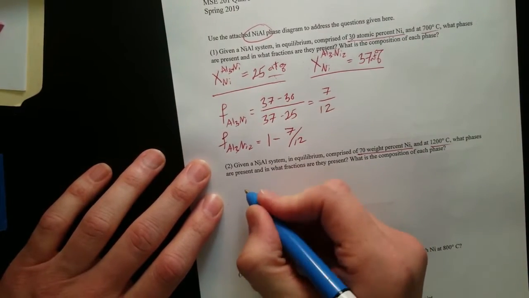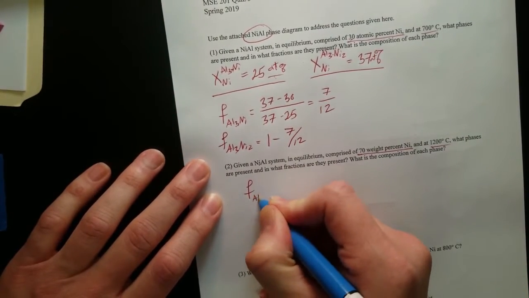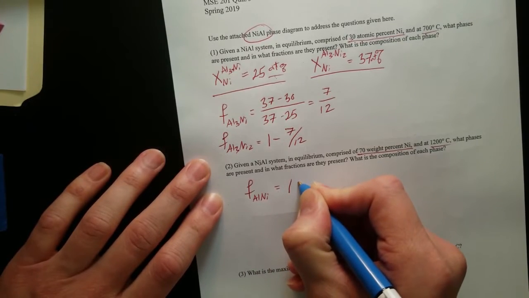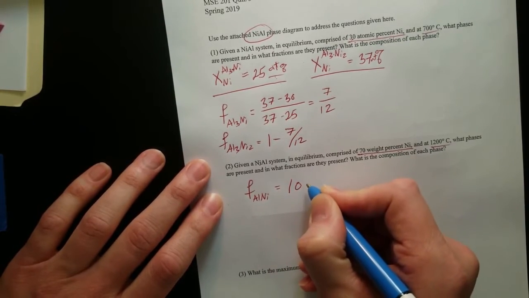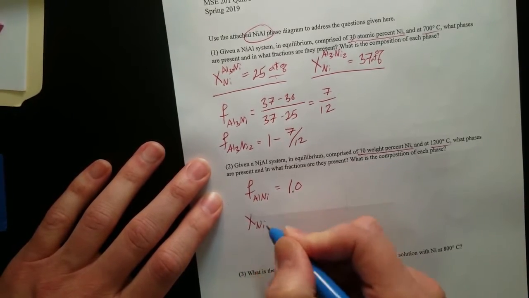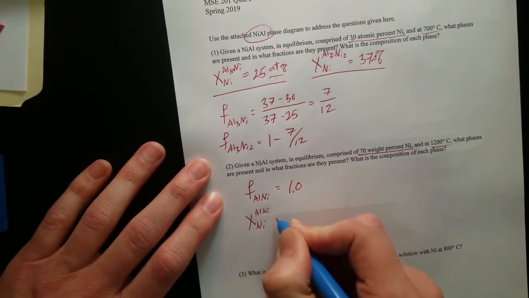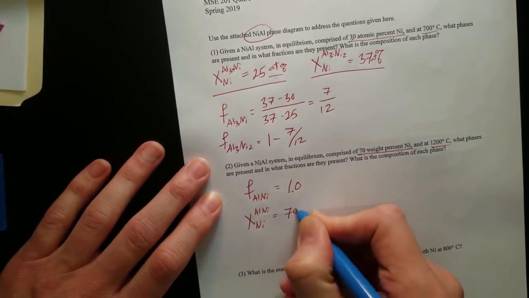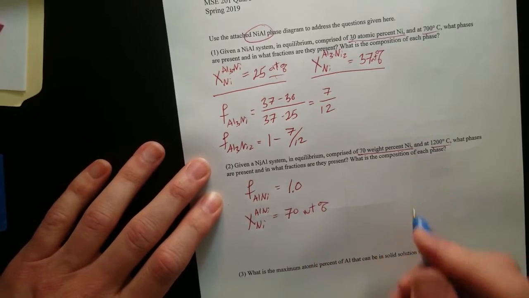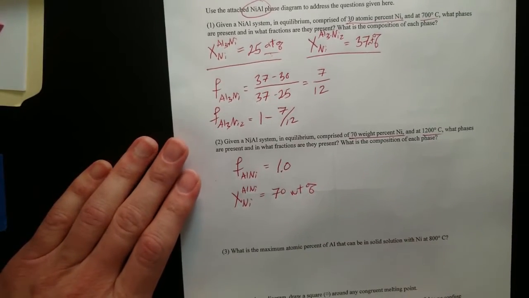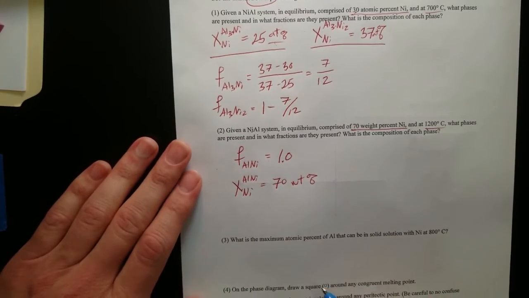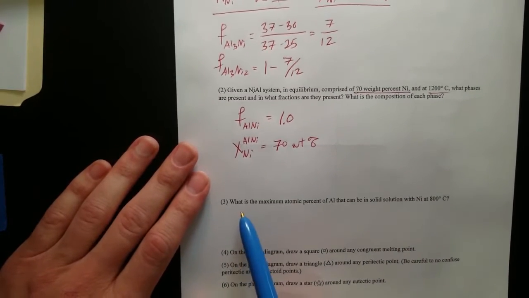So we say fraction of AlNi equals 1, and the Ni content in AlNi is equal to 70 weight% or 52 atomic percent. And that's part 2. Part 3.